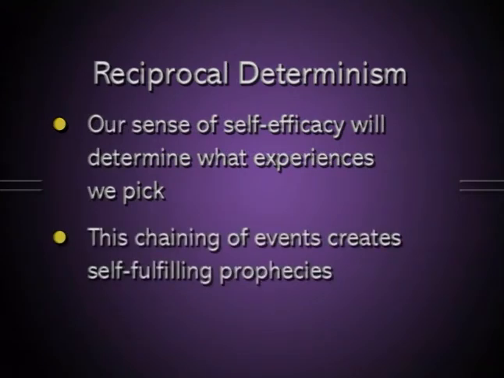So this chaining of events creates what's called self-fulfilling prophecies. You may have heard that term before. The idea is whatever we believe will happen is then validated subsequently because we've brought about the situations that bring these beliefs and these predictions into fulfillment.